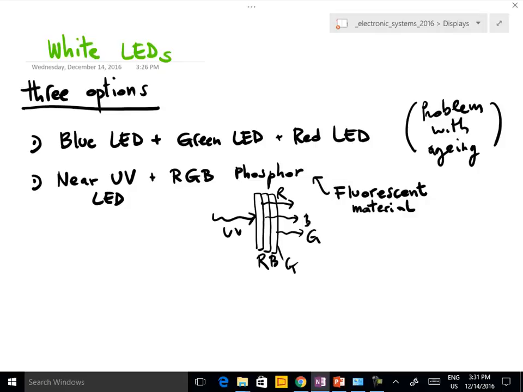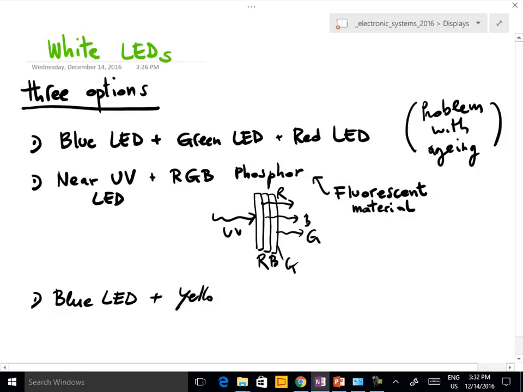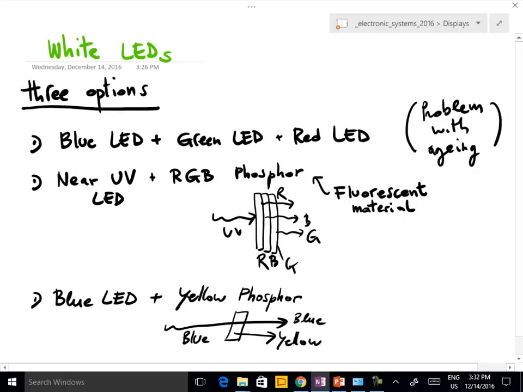Okay, and then the other option, which is also quite common, is to have a blue LED plus a yellow phosphor. So you have this blue light, then you have a phosphor which re-emits light in the yellow, and the combination of blue plus yellow is perceived by the eye as a white.